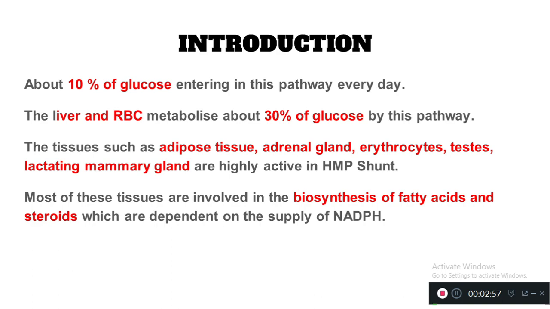That's why these tissues are highly active for the HMP shunt pathway, because from these tissues only we are going to get the fatty acids and steroids. And the synthesis of fatty acids and steroids needs the NADPH molecule. The NADPH molecules are mostly produced through the HMP shunt or PPP, the pentose phosphate pathway.